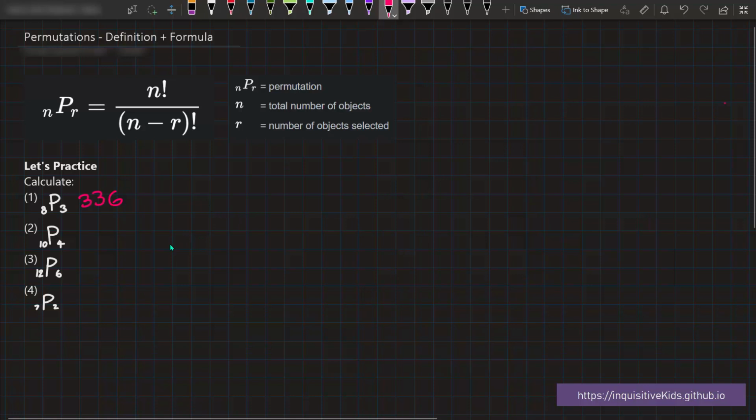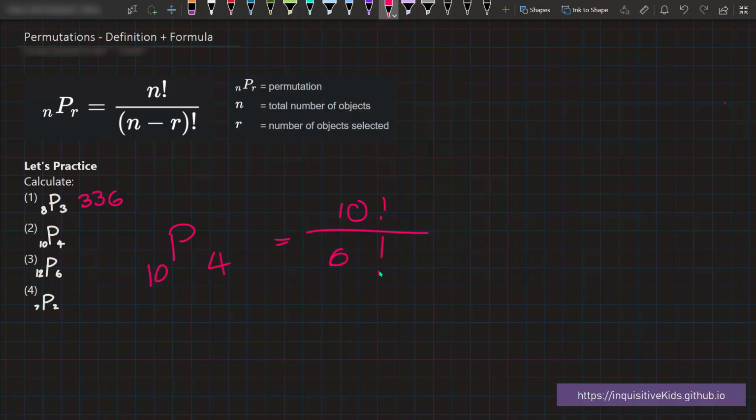Now let's do P104. So P104 is equal to 10 factorial over 6 factorial, which is basically 10 minus 4 factorial. 10 factorial, right now it would be 10 times 9 times 8 times 7 times 6 times 5 times 4 times 3 times 2.